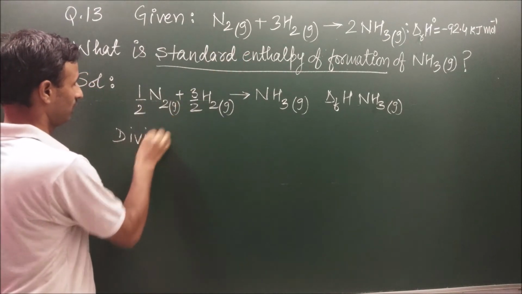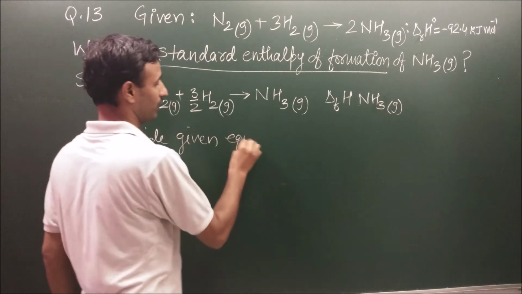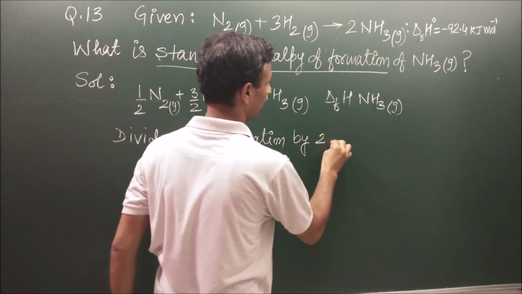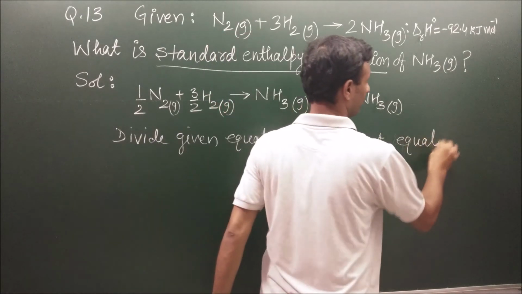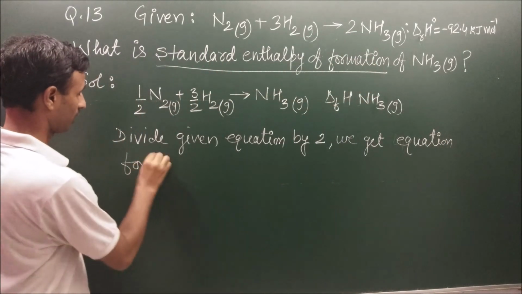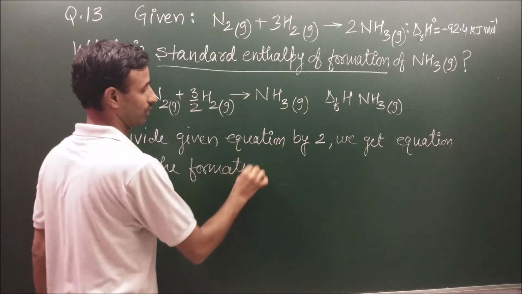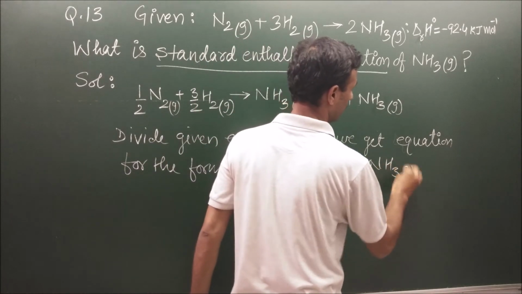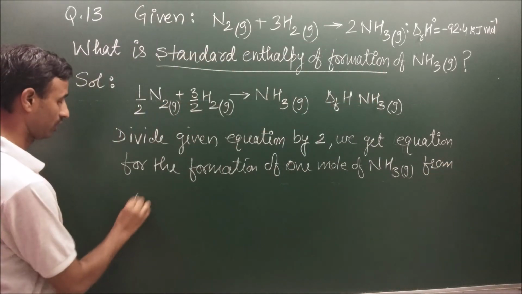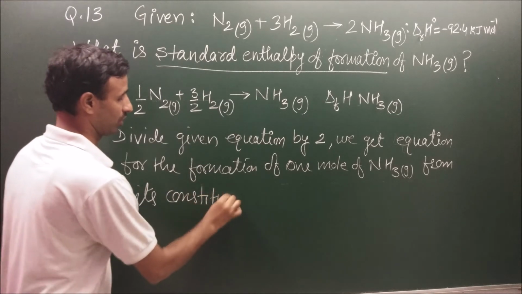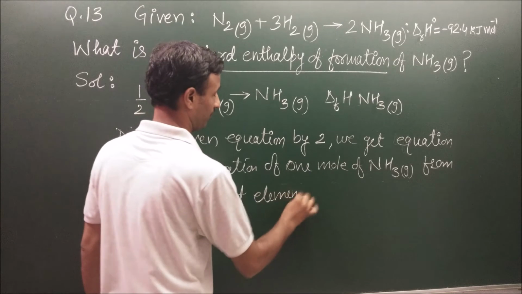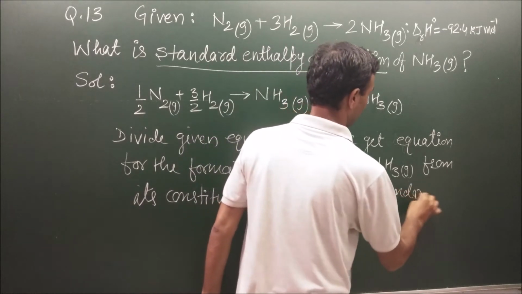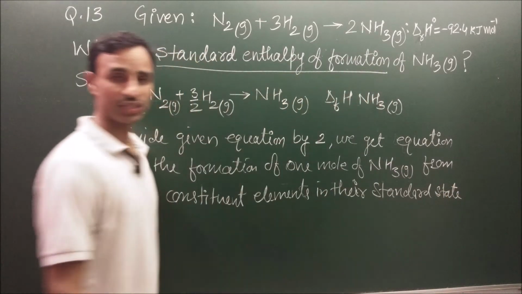So divide the given equation, this one, by 2, we get the equation for the formation of 1 mole of ammonia gas from its constituent elements in their standard state.